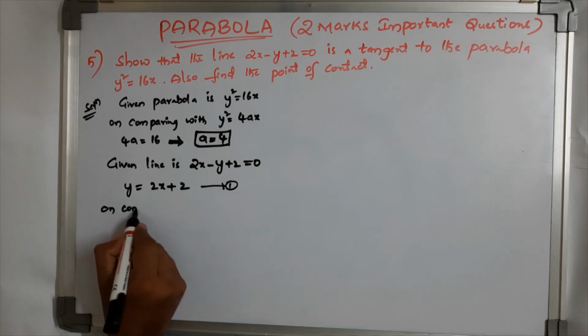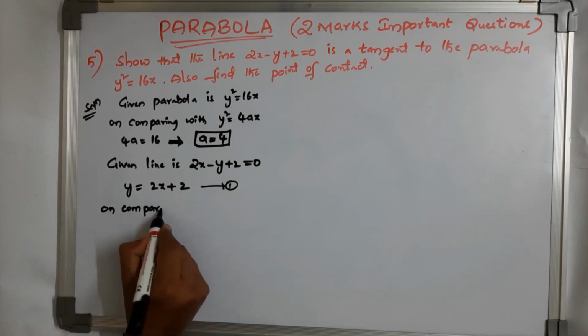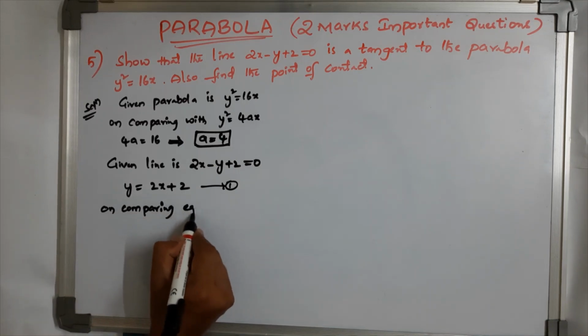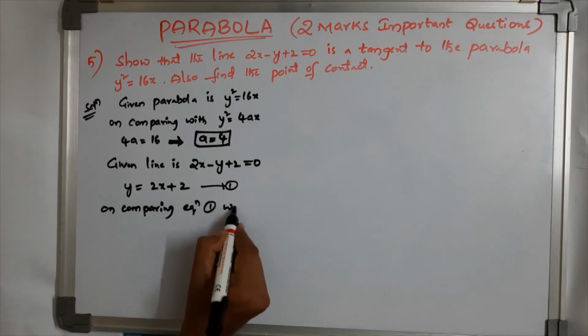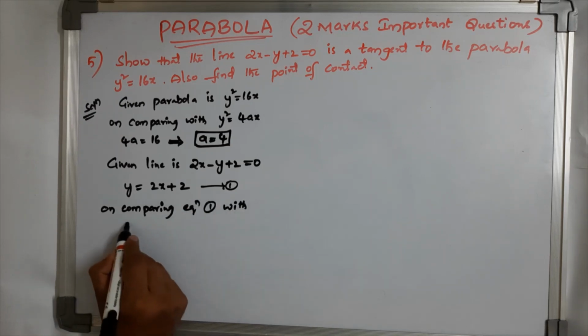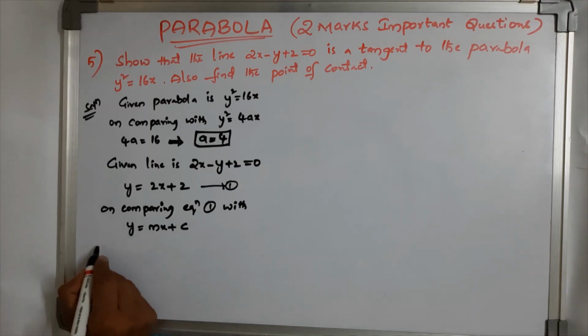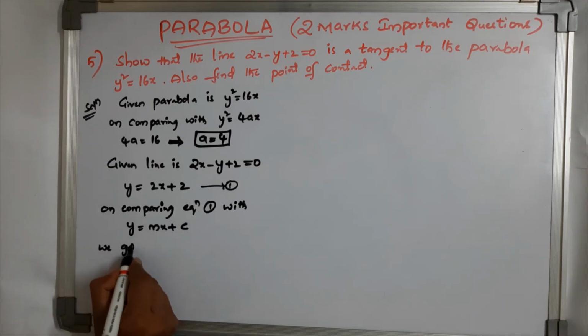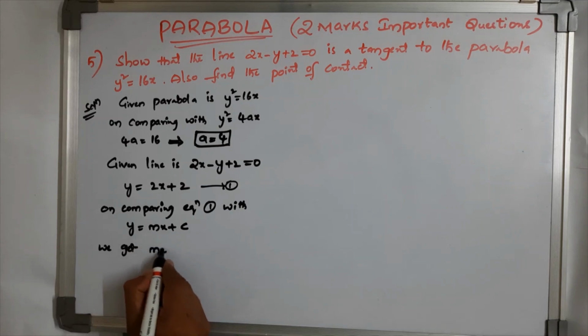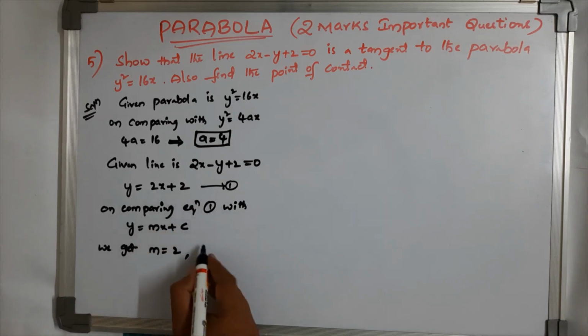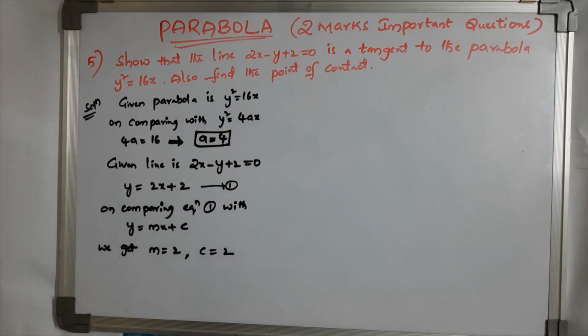Comparing equation 1 with y is equal to mx plus c, we get the value of m is 2 and the value of c is 2, right? Now we know the values of c, m and a.